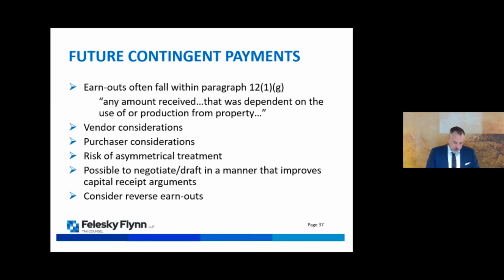So if we're looking at performance of an acquired business, often you would say that if you reach certain performance thresholds, you'll be entitled to a future payment, and those payments are dependent on the use of or production from property, and for that reason are included in income, rather than being capital receipts. So from the vendor perspective, that puts you in a place where you are having an income inclusion rather than a capital receipt.